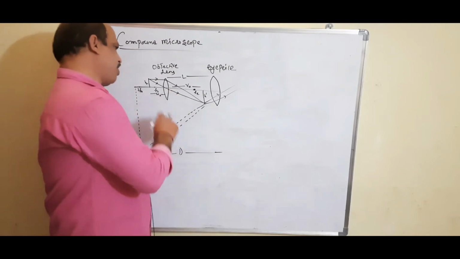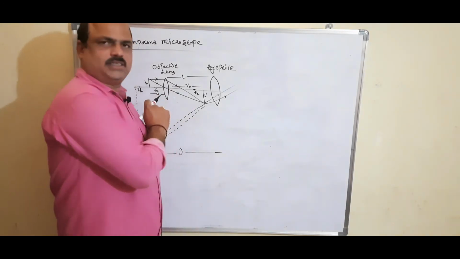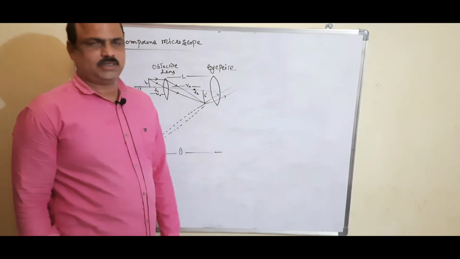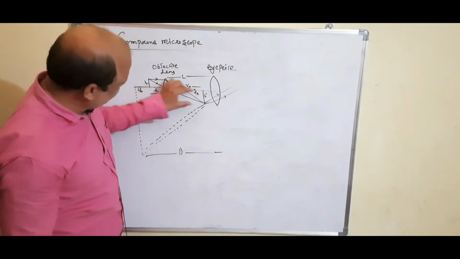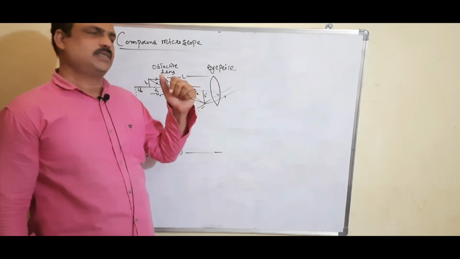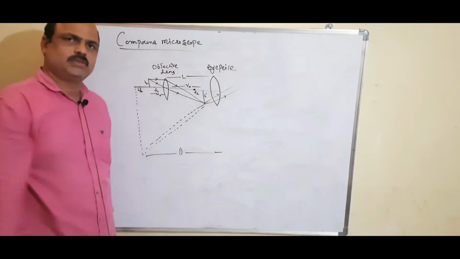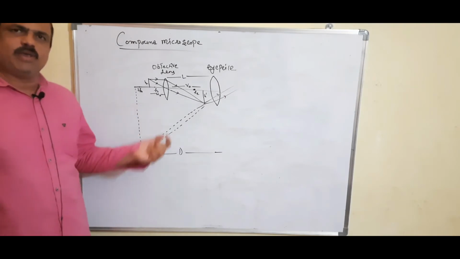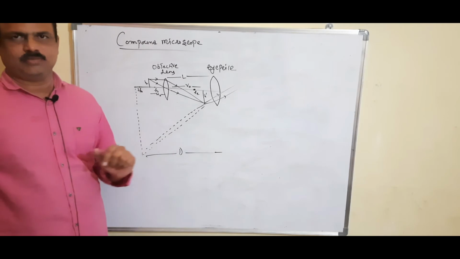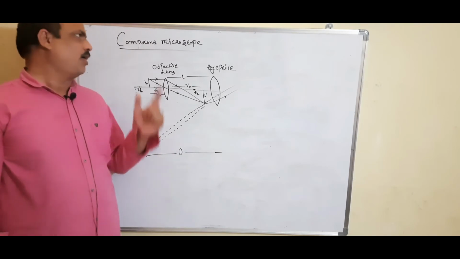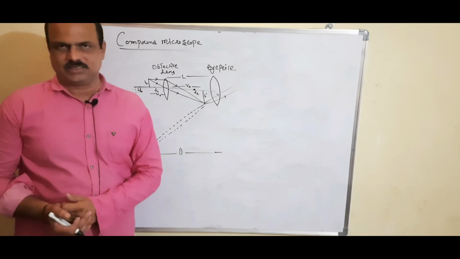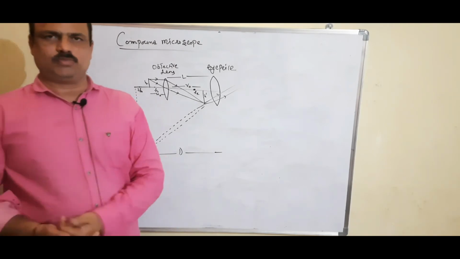The image formed by one lens acts as the object for another lens. If this image is adjusted within the focus of the eyepiece, then the eyepiece forms a virtual image at the least distance of distinct vision, D. That means in the compound microscope, the eyepiece acts as a simple microscope.